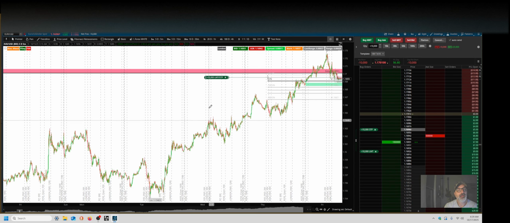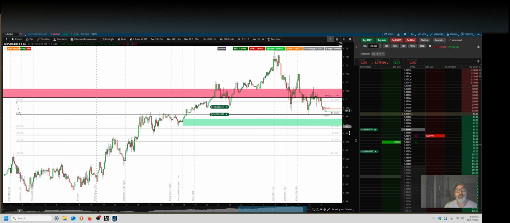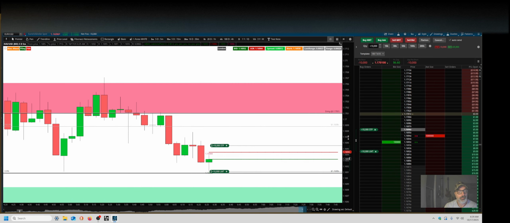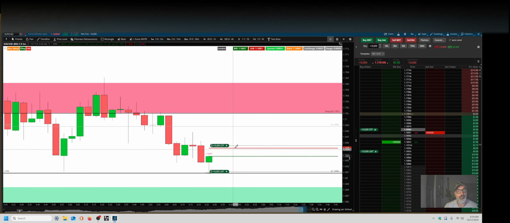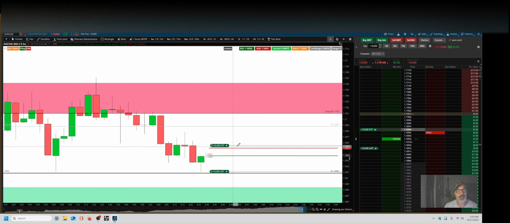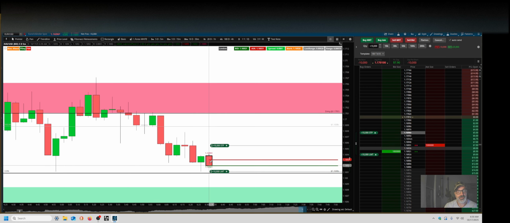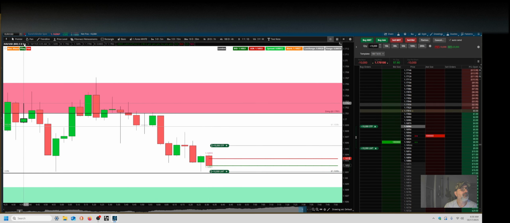If I go to a 5-minute candle, see, buyers are in control here on a 5-minute candle. So that looked good there. So let's go back to the 15-minute candle.